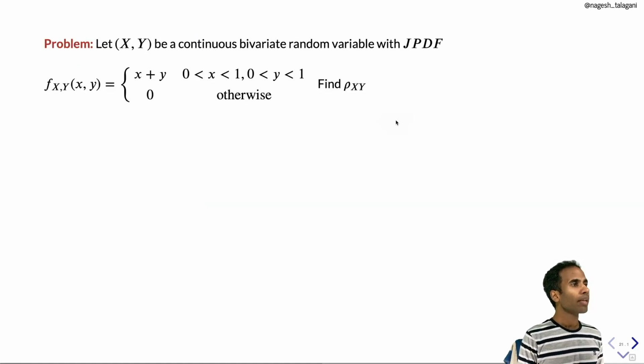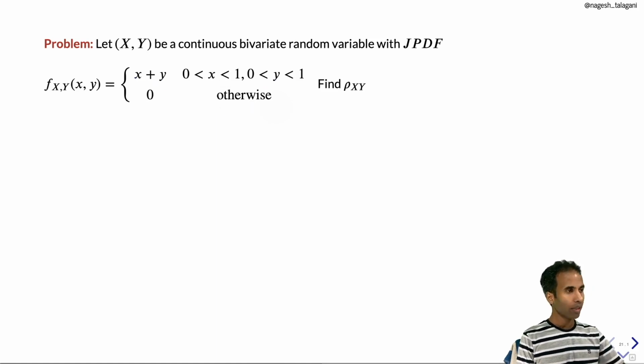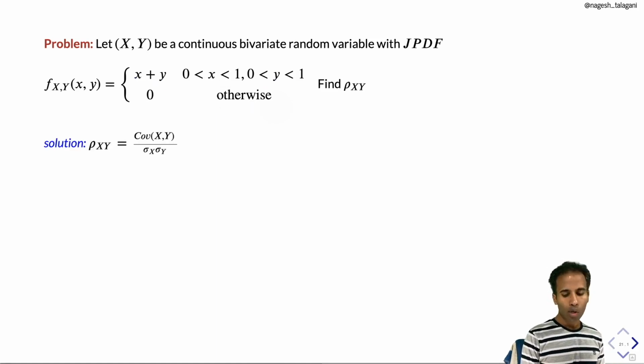Problem. Let xy be a continuous bivariate random variable with joint PDF f of xy equal to x plus y for 0 less than x less than 1 and 0 less than y less than 1, 0 otherwise. Find the correlation coefficient between x and y. We define it as covariance of xy divided by standard deviation of x times standard deviation of y.